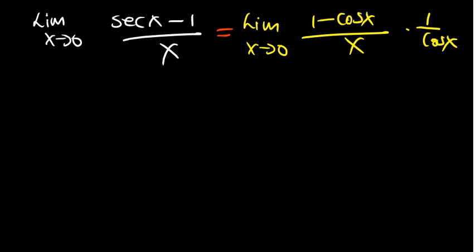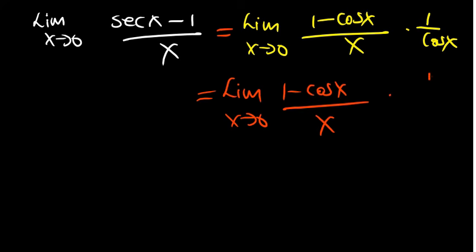At that point, you can distribute the limit. So you have the limit as x approaches 0 of (1 minus cosine of x) over x, and then the limit as x approaches 0 of 1 over cosine of x.